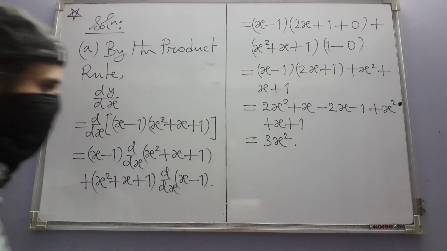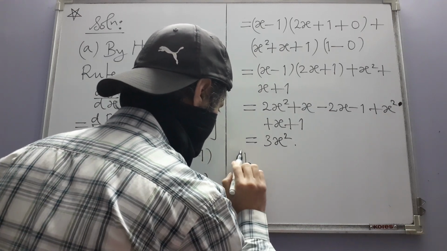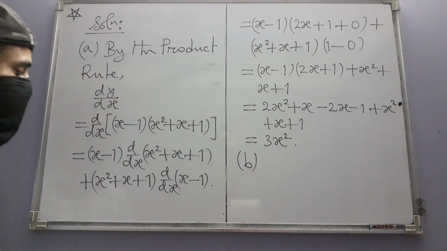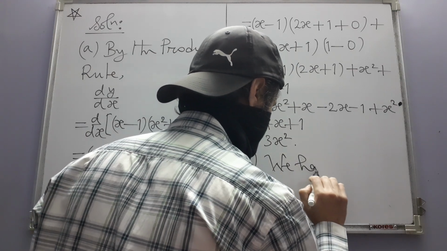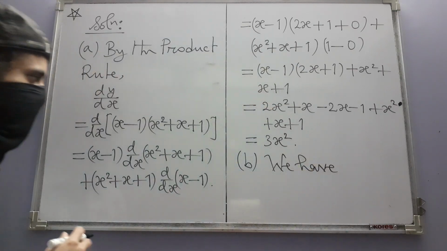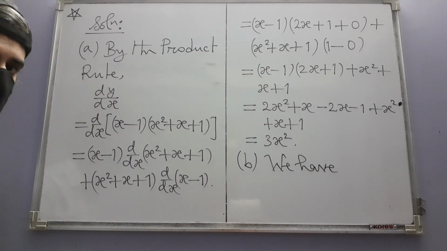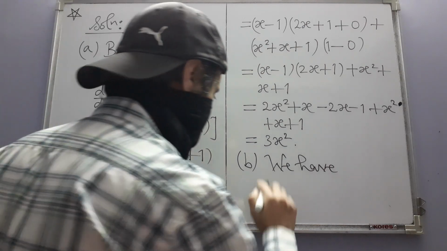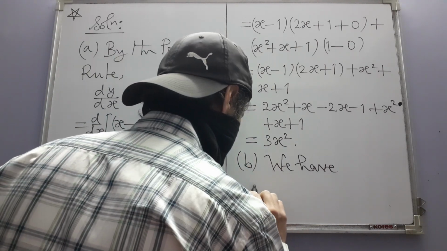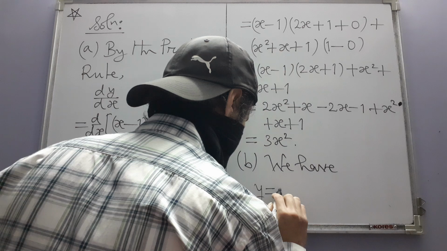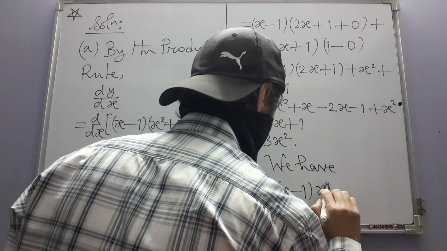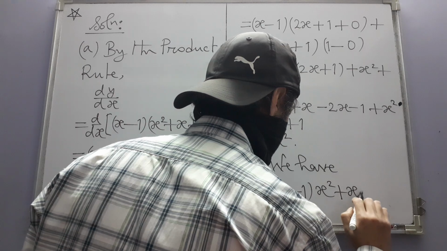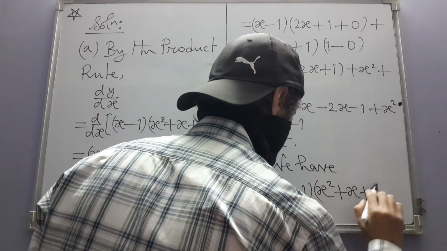So that is by method A. And by method B, we do the multiplication and simplification first, and then we differentiate. X minus 1 times x square plus x plus 1.